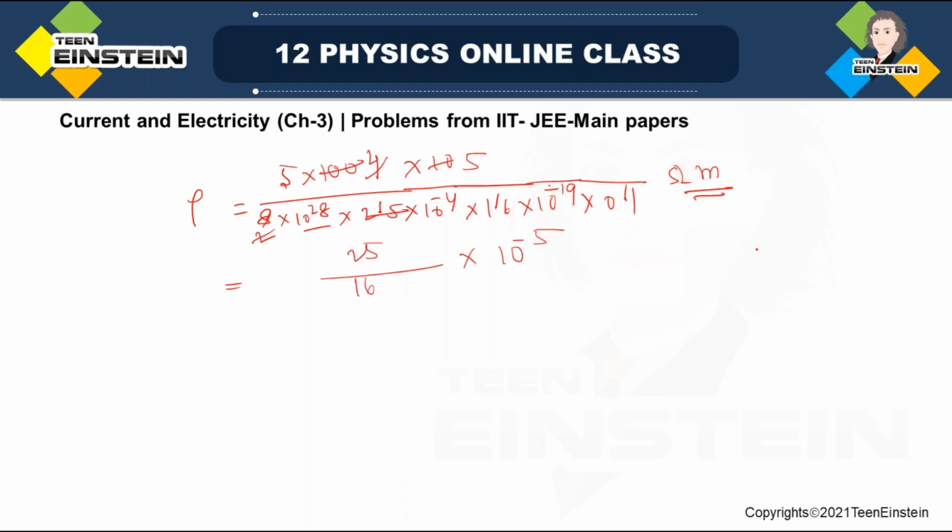Now this is 25, so 16, so 1.56, around 1.6 into 10 to the power minus 5.